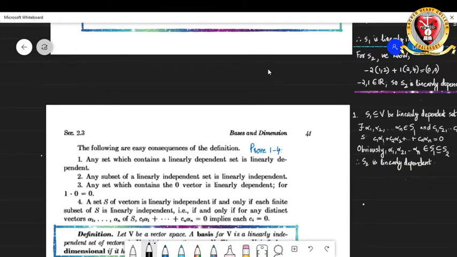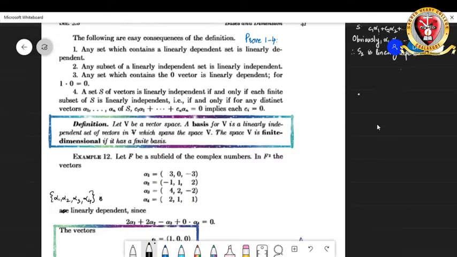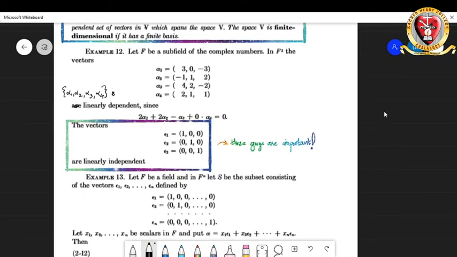Here we have four of them, and only one is 0. Here c1 is equal to 2, c2 is equal to 2, c3 is equal to minus 1, c4 is equal to 0. Only c4 is 0, not every one is 0. So it satisfies the definition of linear dependence, so these four vectors are linearly dependent.